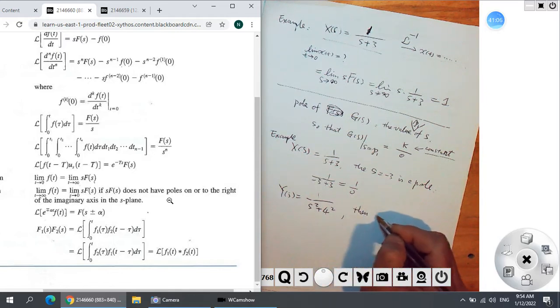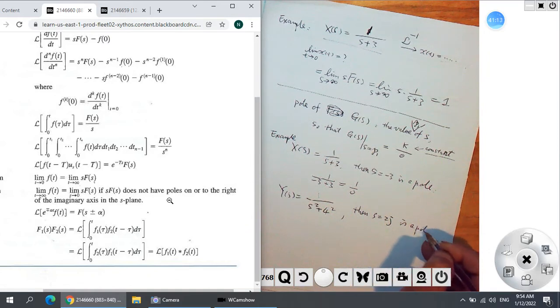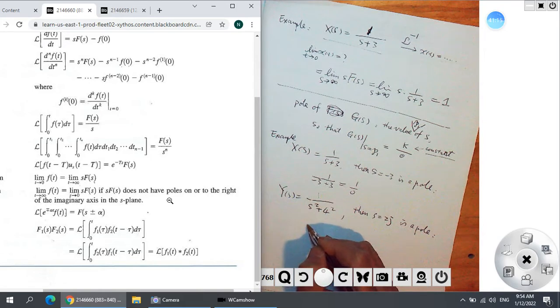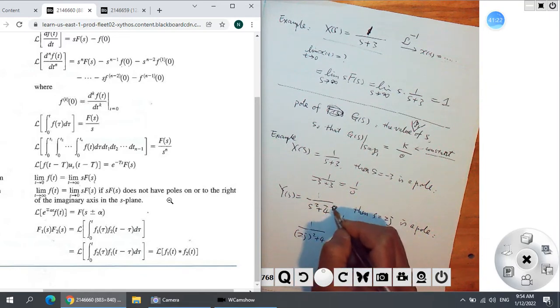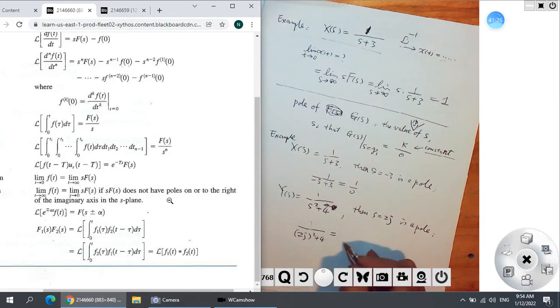Like another one, Y of s is 1 over s squared plus 4. Then s equal to 2j is a pole. You see, 1 over (2j) squared plus 4. j is the square root of -1, so squared you get -1, and 2 squared is 4, so -4 plus 4, you get 1 over 0.